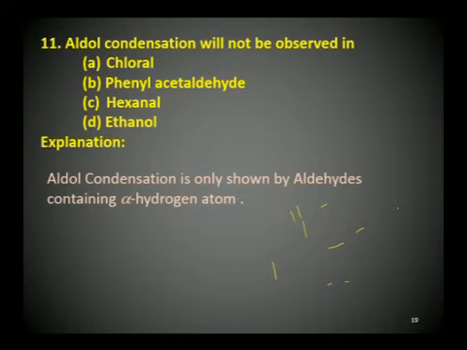And A, chloral. Chloral means a carbon atom is having 3 chlorine atoms bonded, and that carbon atom is also having aldehydic functional group. This is called chloral. So, chloral is not having alpha hydrogen. So, chloral cannot show aldol condensation.